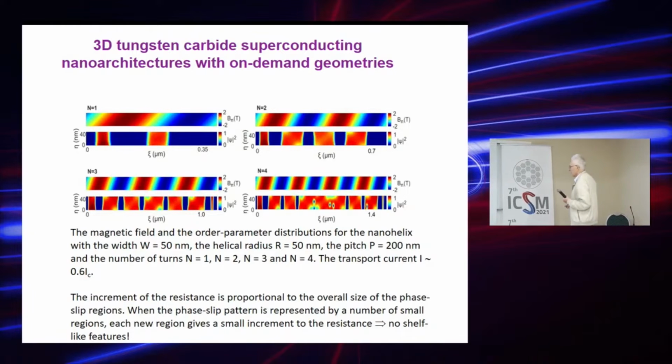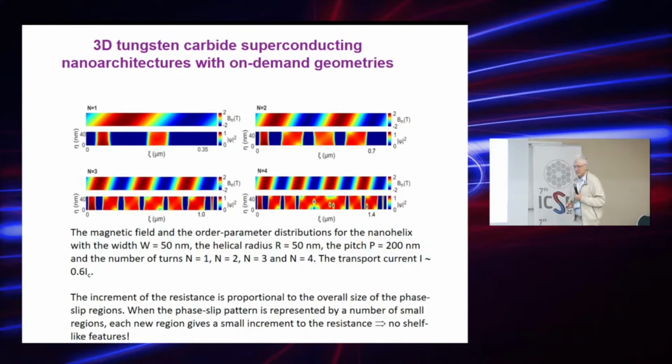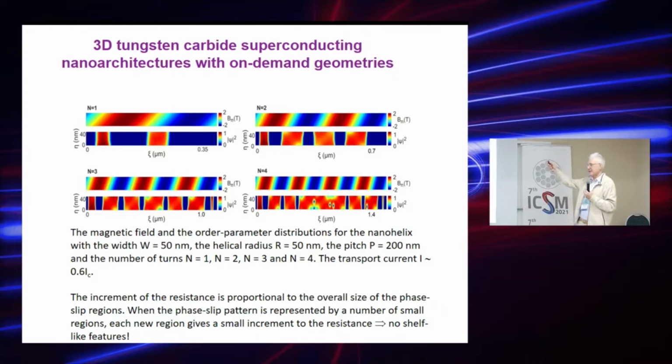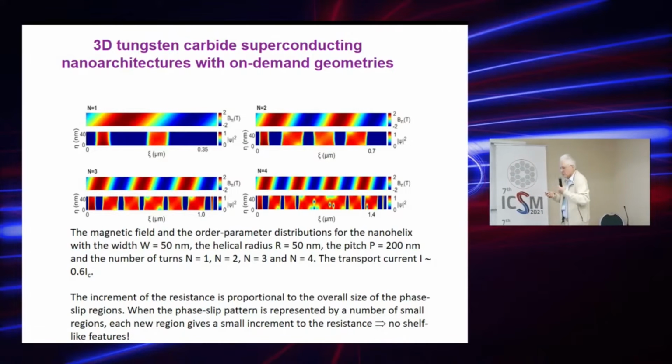Maybe still a couple of remarks at the end. Why in some cases did we observe a smooth transition from the superconducting regime to the normal state? In order to bring some light to this, look at calculations made for different nanospirals with different numbers of windings.